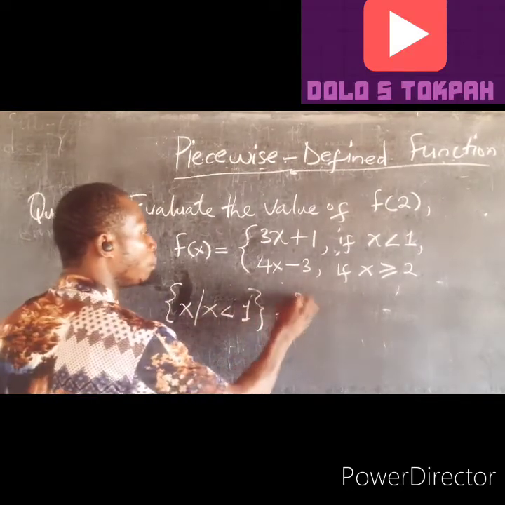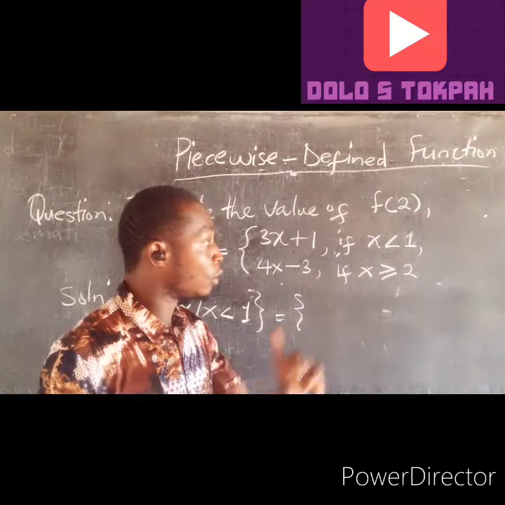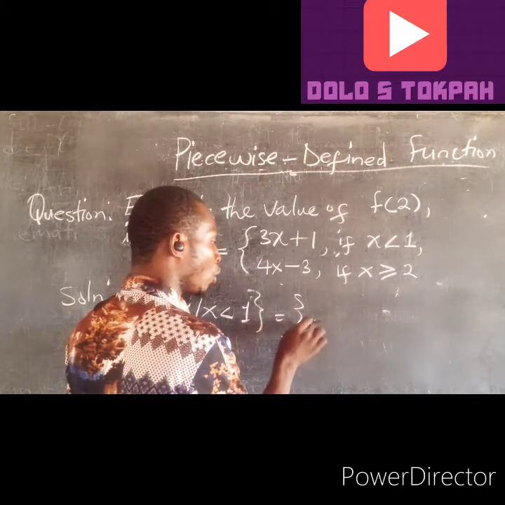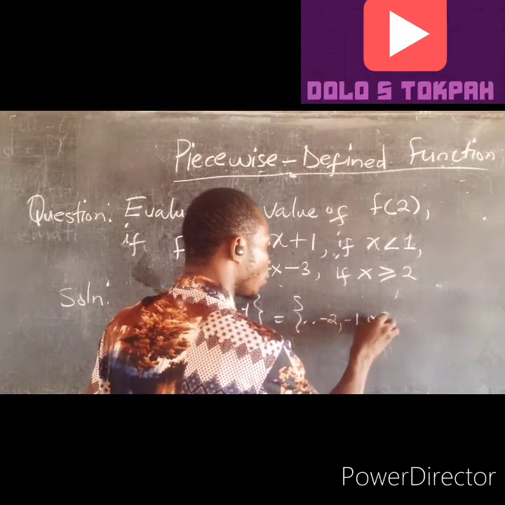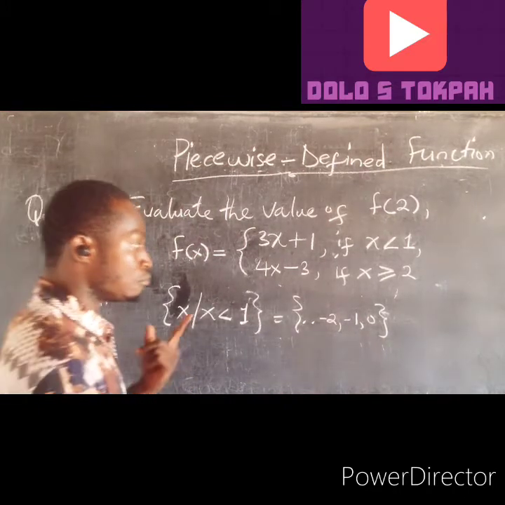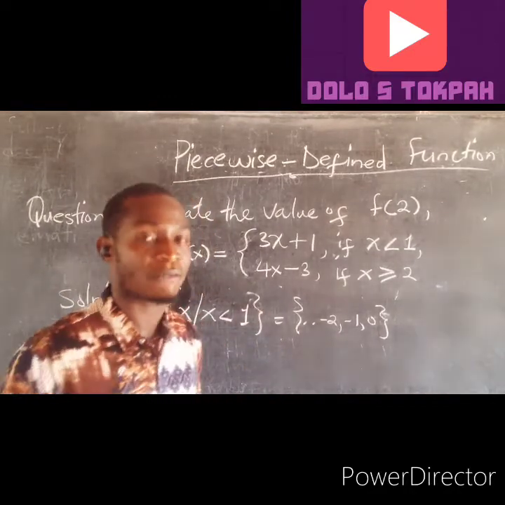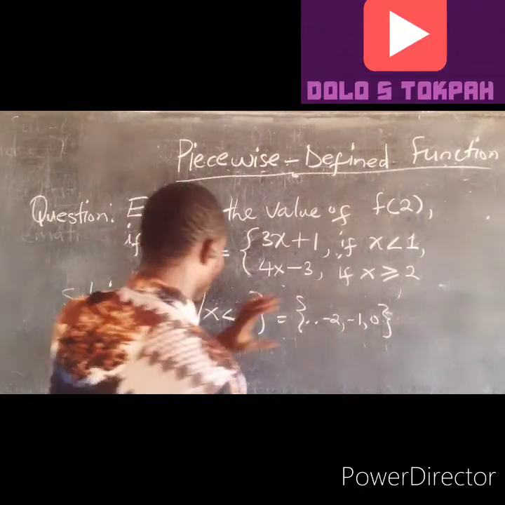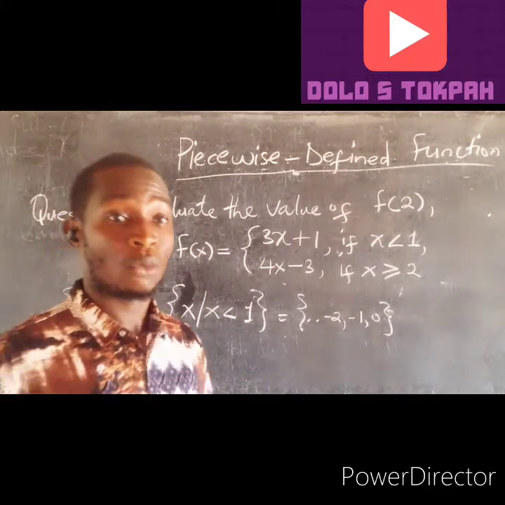We start from the left side of the number line: minus 2, minus 1, 0. These are values that are less than 1. That means it starts from the left side of the number line, so you have -5, -4, -3, -100, going down to the left side of the number line. So we interpret the set builder notation and convert it into the simplest form that we can follow.